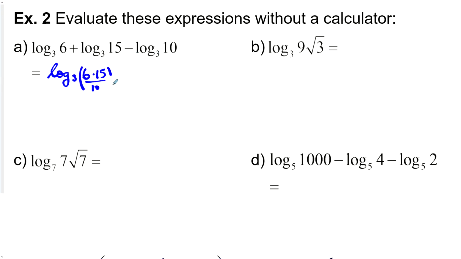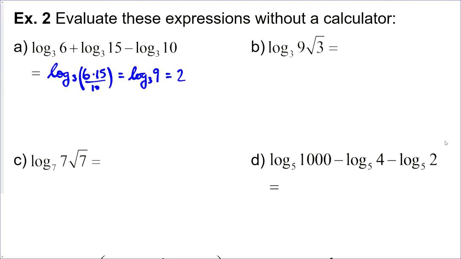So this is now all in 1 log. Now we can do some quick math here. 6 times 15 is 90, divided by 10 is 9. So we've got log base 3 of 9. Now we can do this because 3 to what exponent gives me 9? 2. So that's one way to do it.